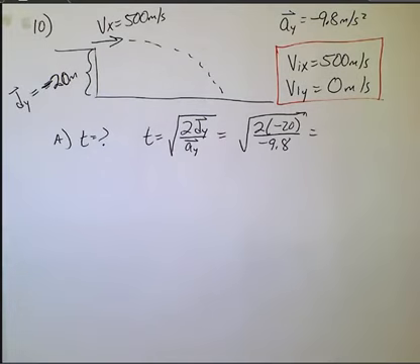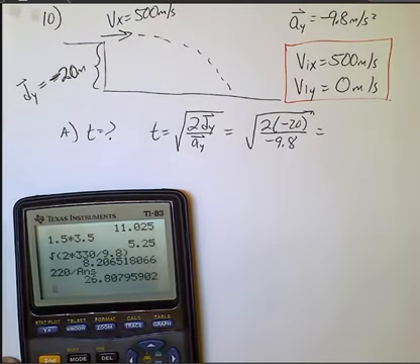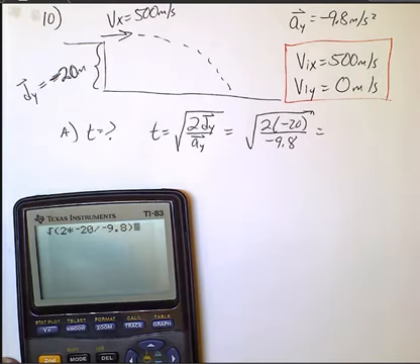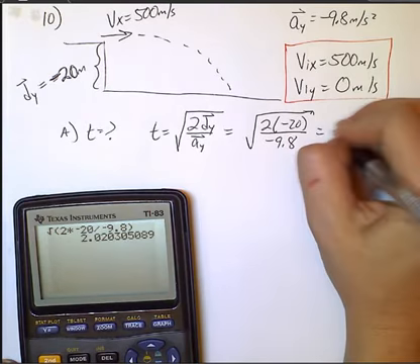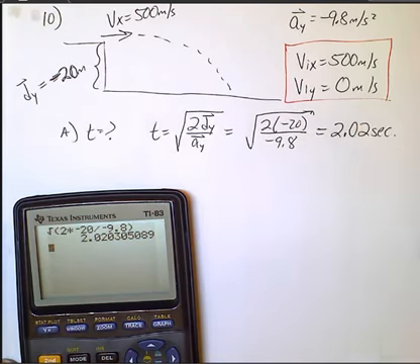Otherwise, if you forget to do the negative 20, you're going to get an error in your calculator because it's going to try to take the square root of a negative number. 2 times minus 20 over minus 9.8, and so the time that it's in the air for is 2.02 seconds.